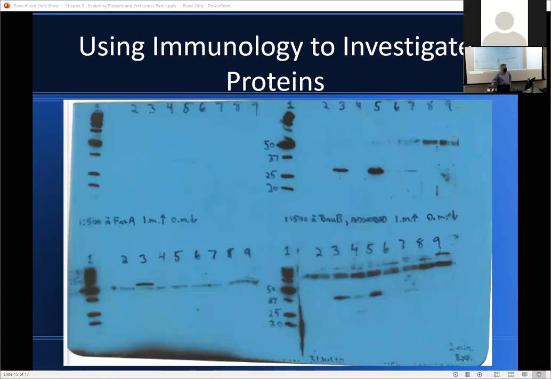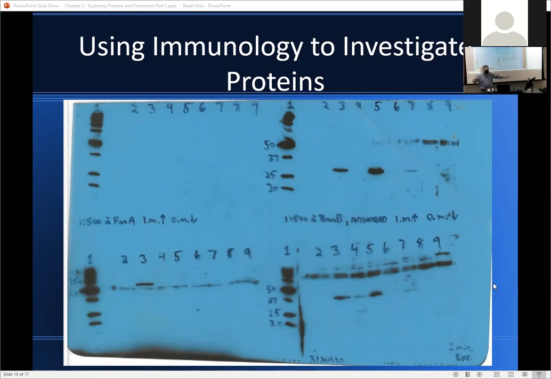Okay, this is an example of a Western blot that I did more years ago than I care to remember. I did this back when I was a postdoc in a lab at the University of Miami in Ohio. I was working in a microbiology lab. Interesting thing about this is we don't always have to use HRP as the enzyme that's conjugated to the secondary antibody.